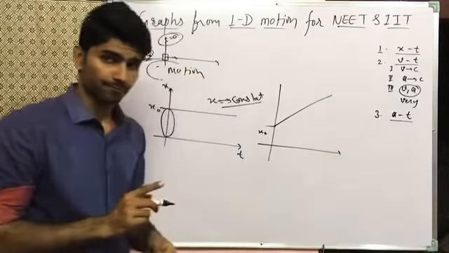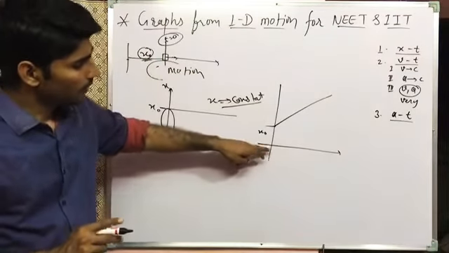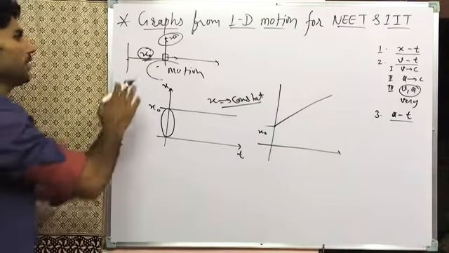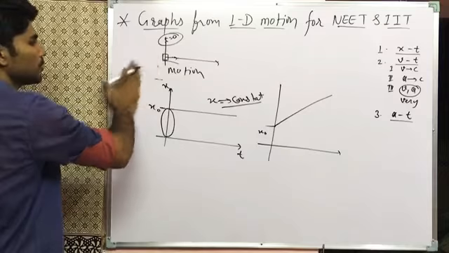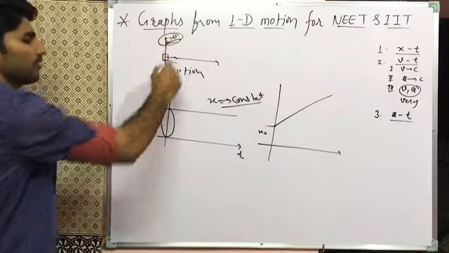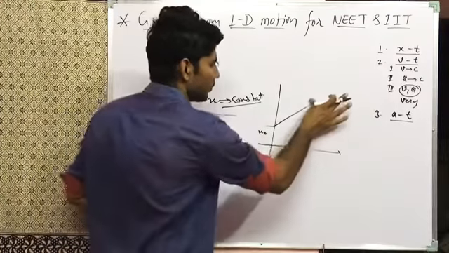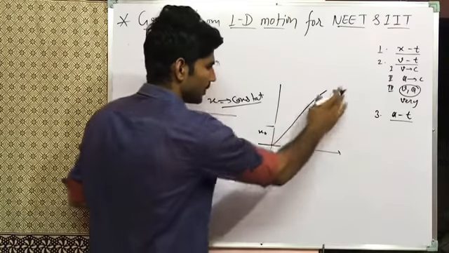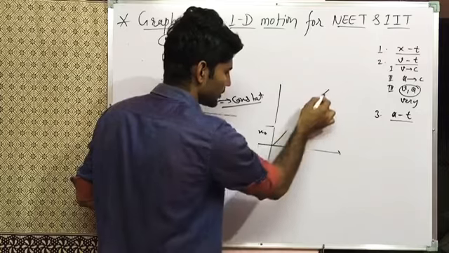Or if the object starts from the initial point where x is 0, there is no displacement before we start counting the time, then this graph will also start from this initial point, which is here. This is not a curve, this is a straight line.